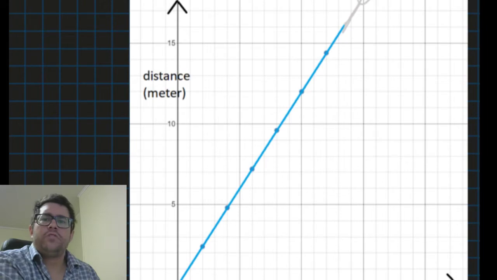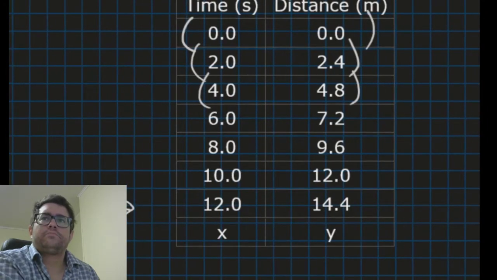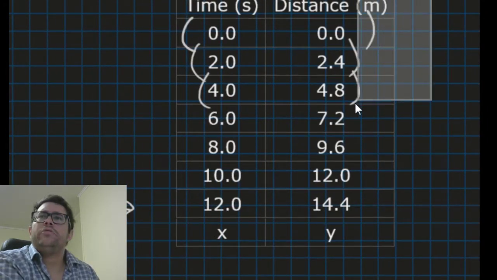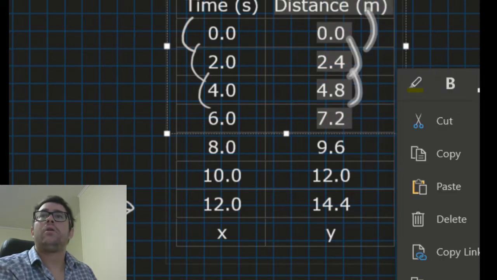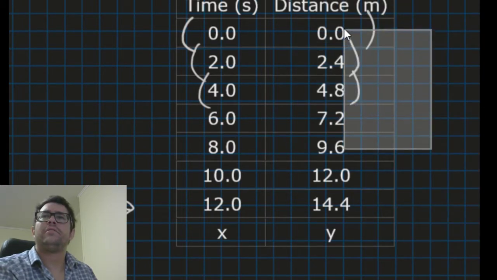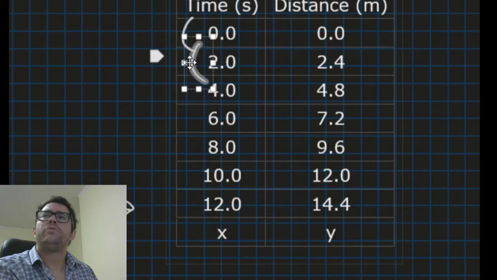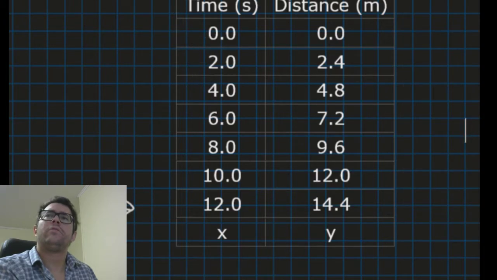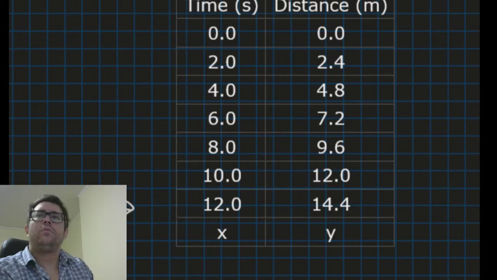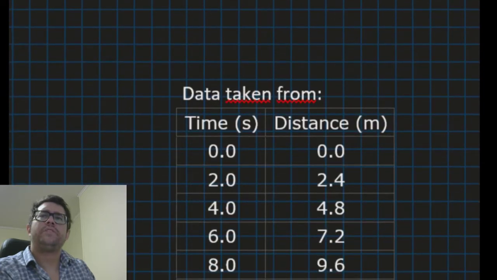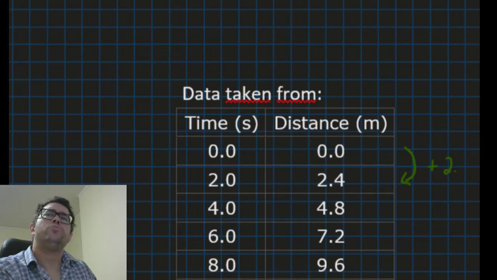There's two ways to do this. We could do this here. Simply say, what was the change from this point to this point? It was plus 2.4 meters.